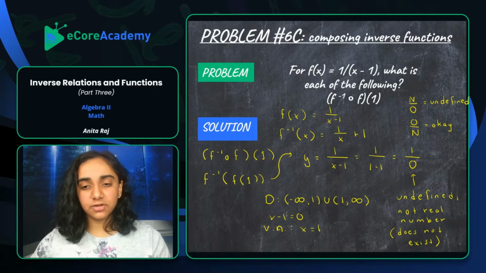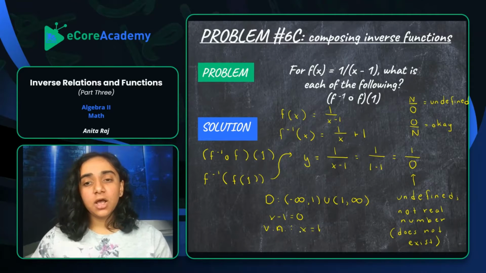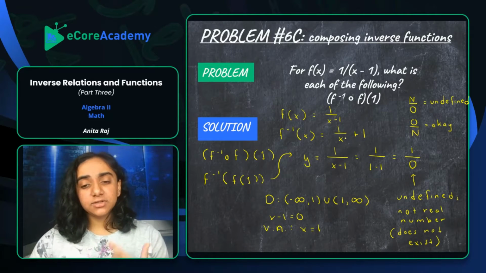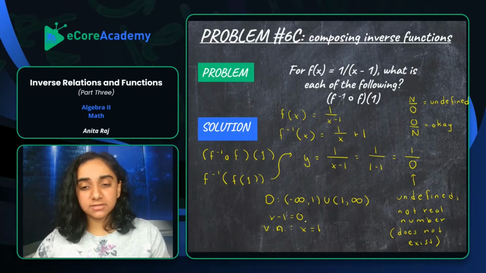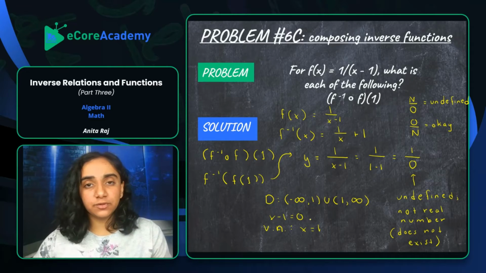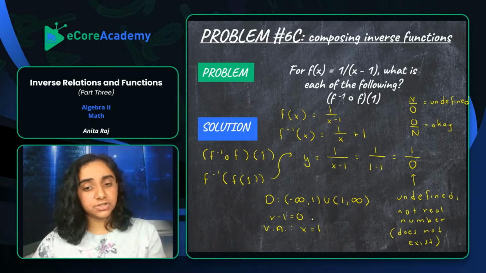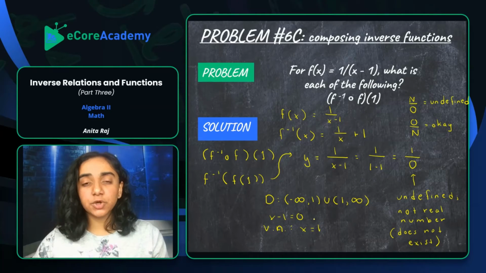And because there's a vertical asymptote at x equals 1, the input that we're putting in is actually 1. So that creates a conflict because you cannot input 1, since you're just going to get 0 in the denominator. There's no value for this function at x equals 1 because there's just a vertical asymptote. There's no point. There's no corresponding y coordinate for this x coordinate.